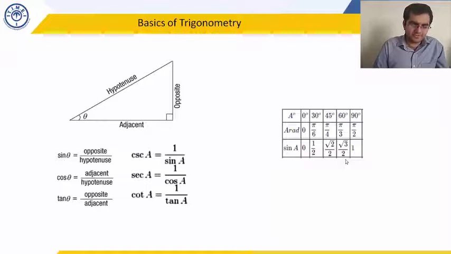So what do you observe in the values of sin from 0 degrees to 90 degrees? What is happening? You have 0, you have 0.5, 1 by root 2 is 0.707, root 3 by 2 is, I think, 0.866, and sin 90 is 1.